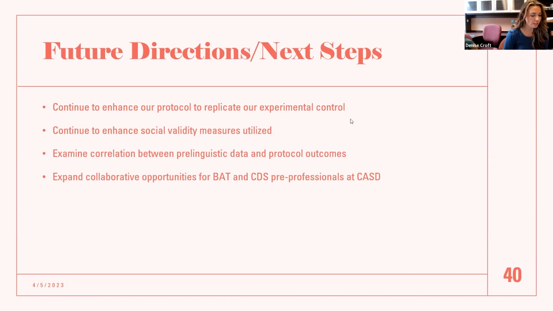Overall, we want to continue to enhance our protocol to include more control, so we can replicate our experimental control, while encouraging a breadth of social validity measures analyzed. Just as we adapted between one client and the other to change how we were highlighting our protocols, we want to continue to do that so we can replicate it.